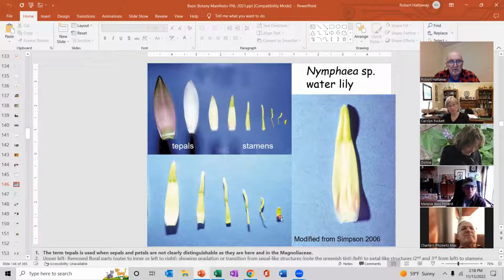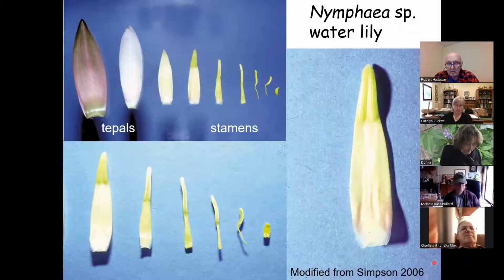And there's a better look at the stamens. So the concept that a microsporophyll equals a stamen is a little easier to comprehend, I think.